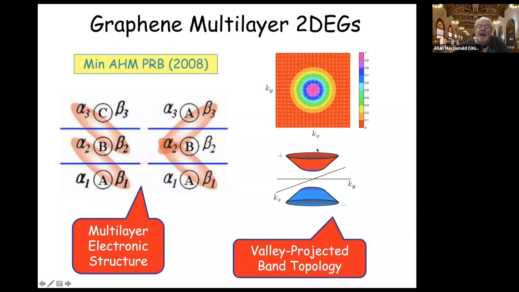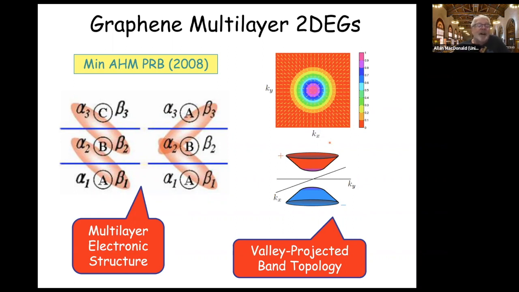and to get the Chern number of these states equal to 1, let's say. I should emphasize that these bands here are projected to one of the two corners of the Brillouin zone that I was pointing to before.